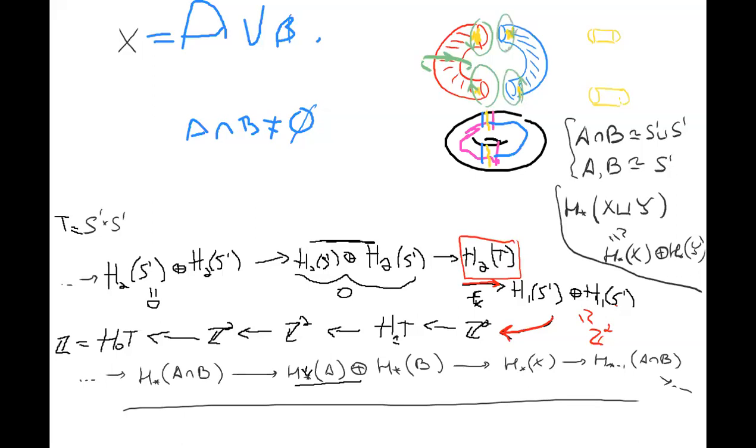So I have these two things, and here I want to take any orientation. So I will take the same arrows.